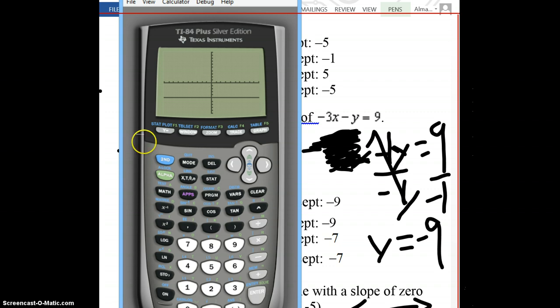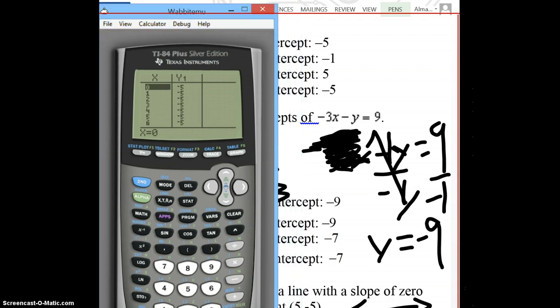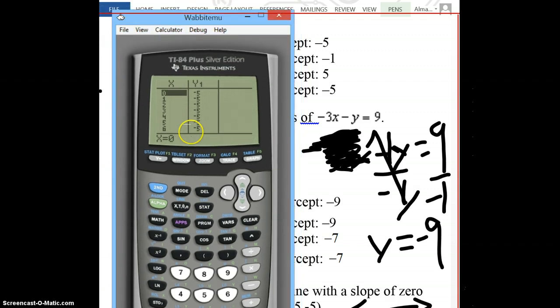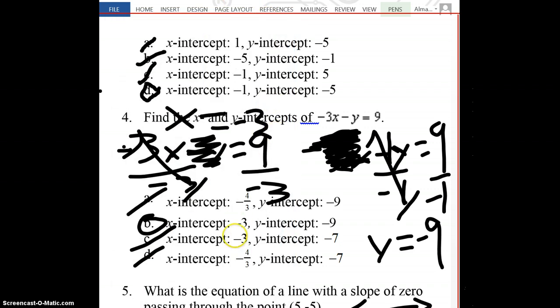If you're still having doubts, you can press second table, and in the table you would see the point (5, -5). So it definitely does have the point. And again, we know that it has to be horizontal because a horizontal line has a slope of 0. So that's the only one that makes sense.